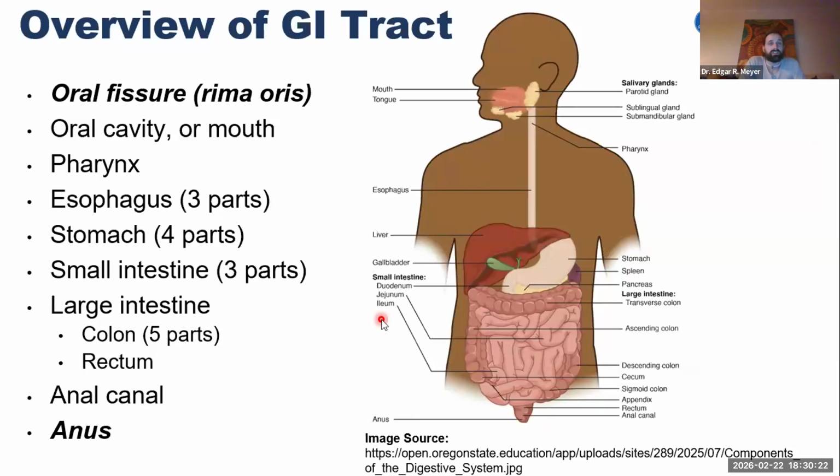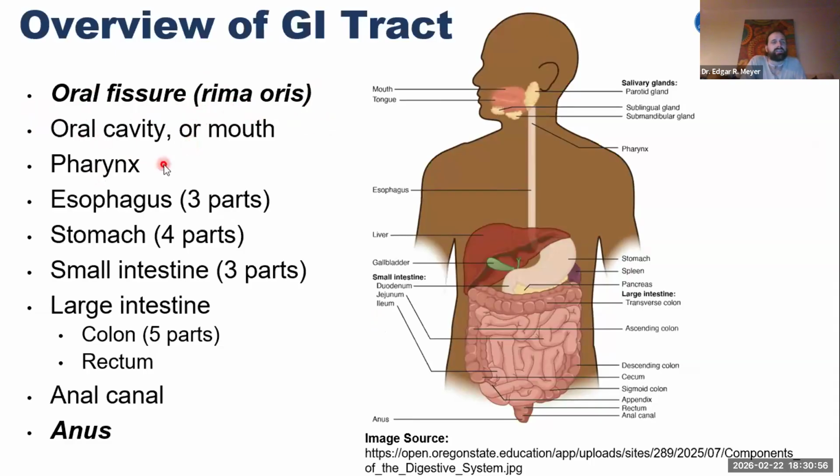All right, so now that we've talked about this first organ or structure in our GI tract, we're going to move to an overview of our GI tract. If we think about our mouth or our oral cavity, we of course have an opening, and that would be known as the oral fissure, or a more fancy term in Latin, the rima oris.